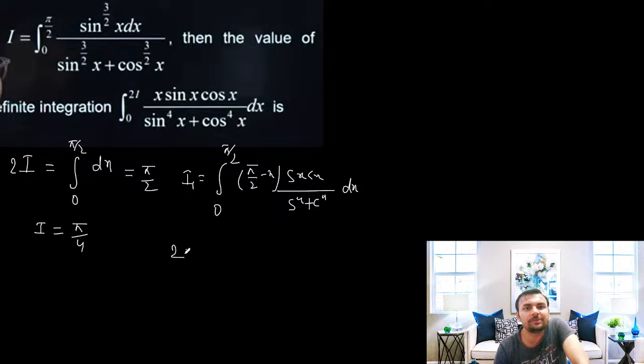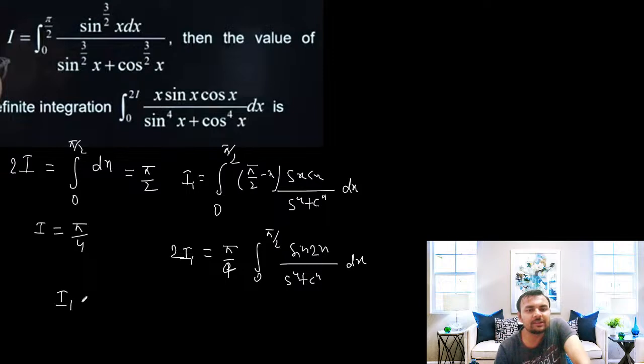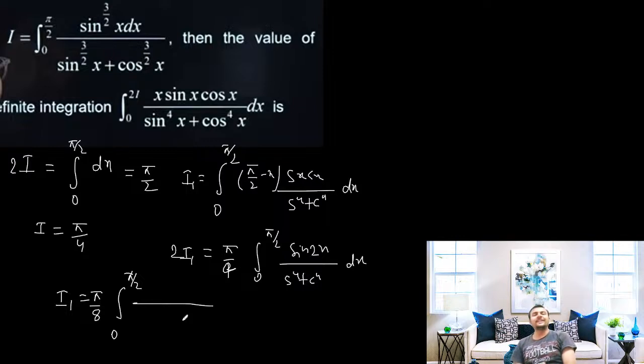If we add both of them, 2I1 is nothing but pi by 2 integration 0 to pi by 2 of sine x cos x. We'll multiply 2 and divide 2. So we are getting sine 2x over sine 4 plus cos 4 dx. Now I1 is pi by 8. Now sine to the power 4 plus cos to the power 4 is nothing but 1 minus 2 sine square x cos square x.